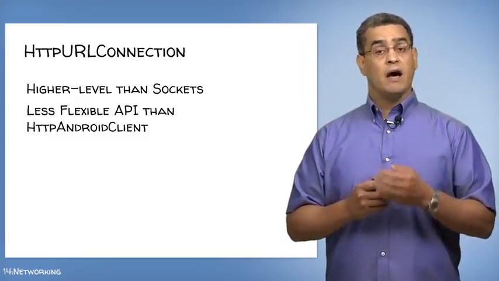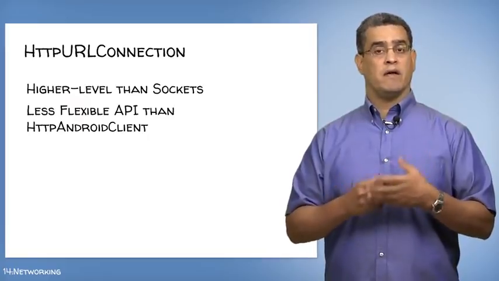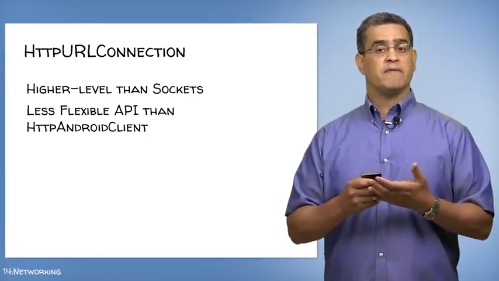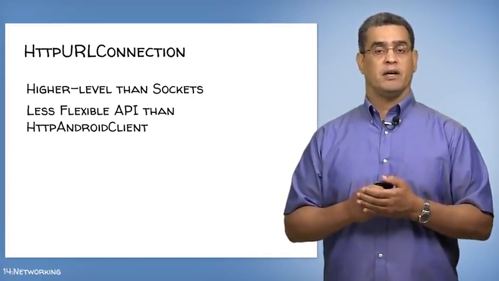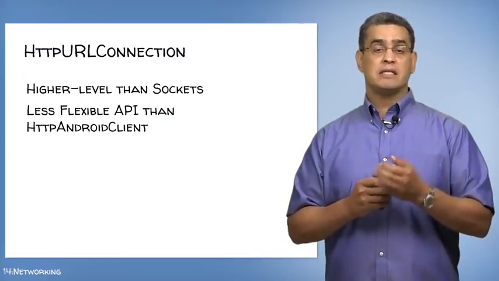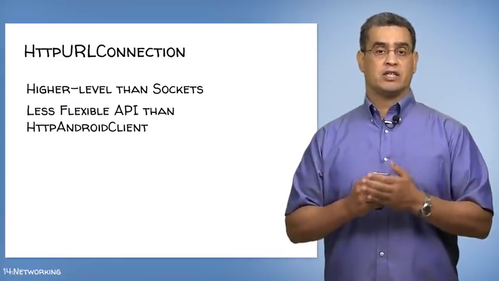Now, having said that, I'll also point out that the Android team is not actively working on the Android HTTP client anymore and is putting its efforts into improving this class going forward. So let's look at the example application implemented this time with the HttpURLConnection class.